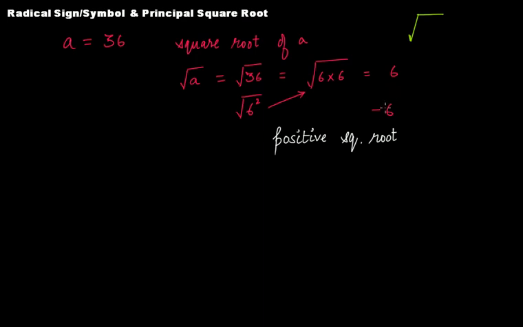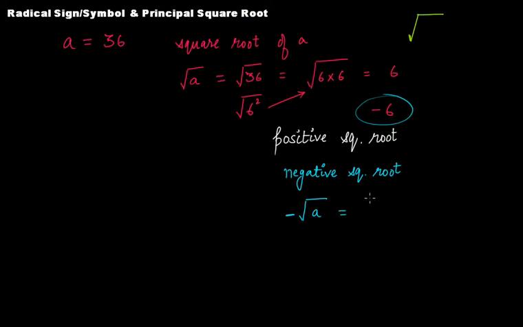When you have to show this minus 6, or the negative square root, then simply put this minus sign before this radical sign and symbol. Write a here.